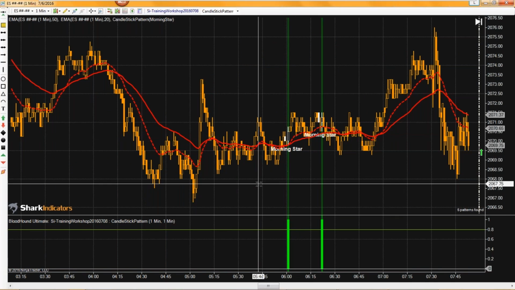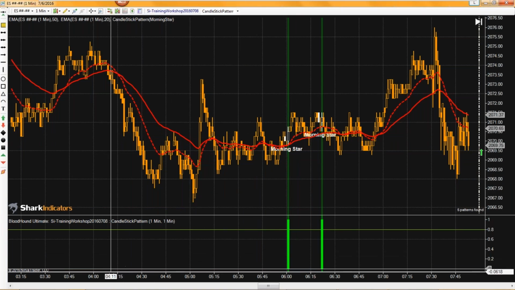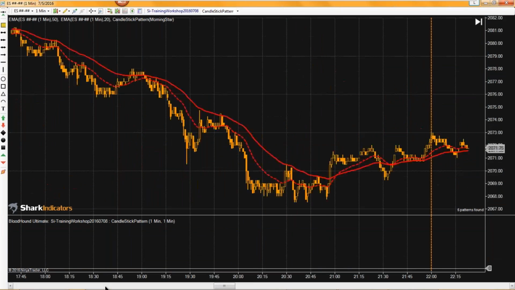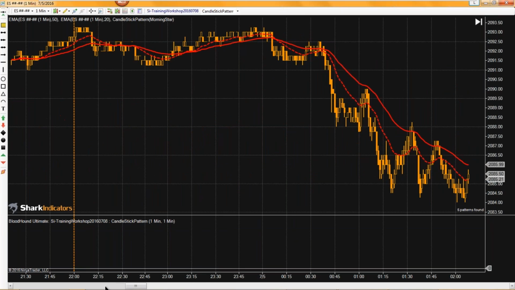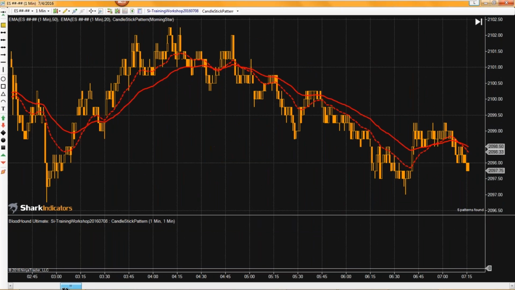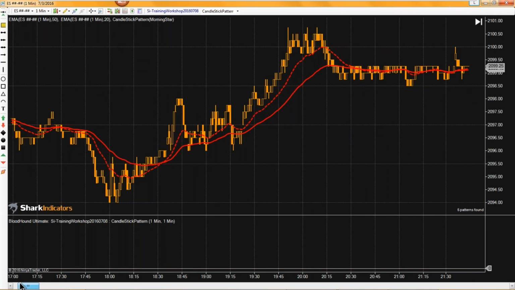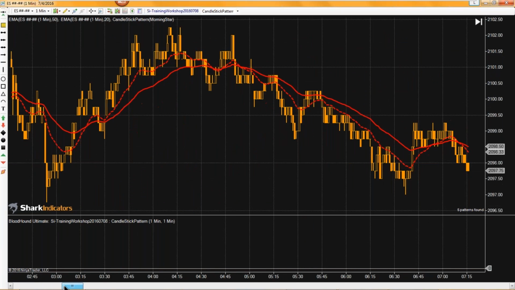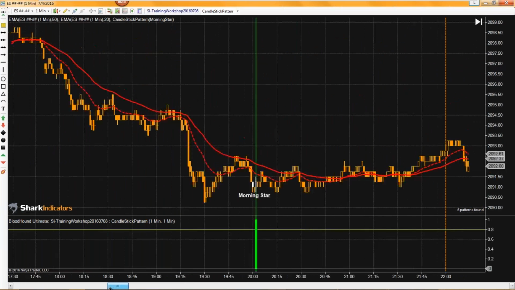Nope, a couple of long signals, long patterns again. Another long. Maybe morning stars are only a long pattern. I forgot my candlesticks. I used to know them back when I did stocks, but it's been too long. I guess the morning star might be a long pattern only.